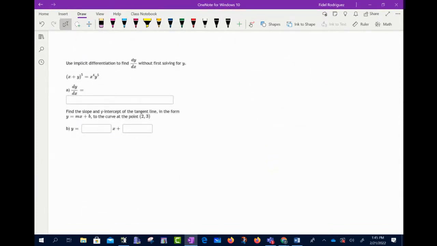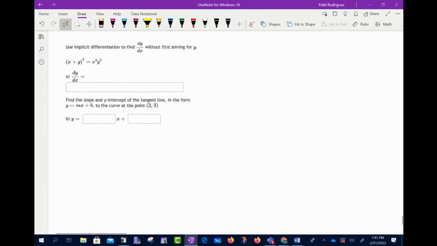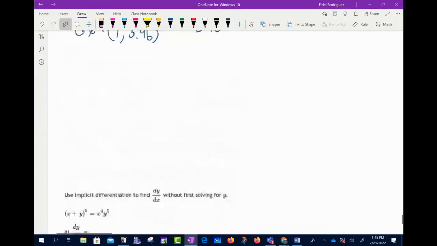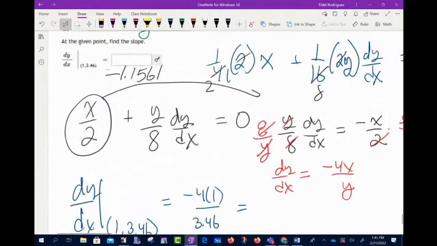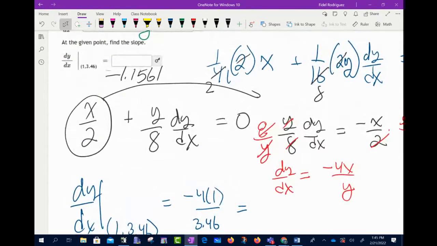Okay, so let's take a look at this next one here, y'all. We're going to go real slow just to make sure that we're good. Yeah, and then when I divided it out, I came up with a negative 1.1561.